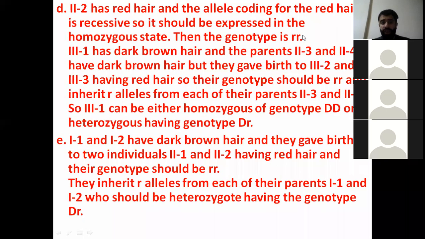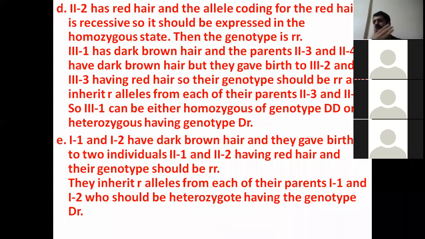Thank you, Joel. So here is the explanation. 2-2 has red hair, and the allele coding for red hair is recessive, so it is only expressed in the homozygous state. Please, you have to know the way to write these answers, because it will help you a lot.